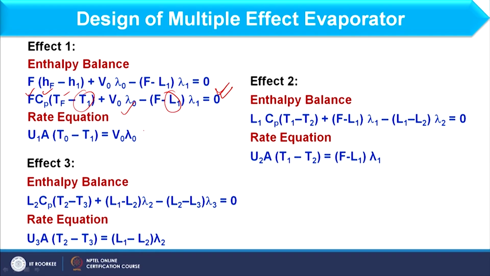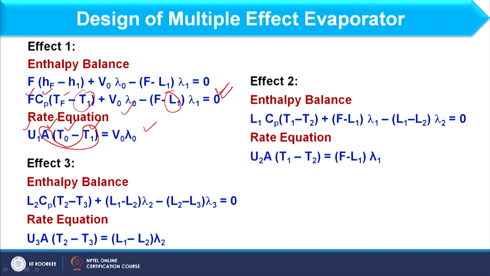However, in the second equation, U1 is known, A is unknown, T naught is known, however T1 is unknown. So, if I consider this particular term, the equation becomes non-linear. In this way, for the first effect one equation is linear and one equation is non-linear.